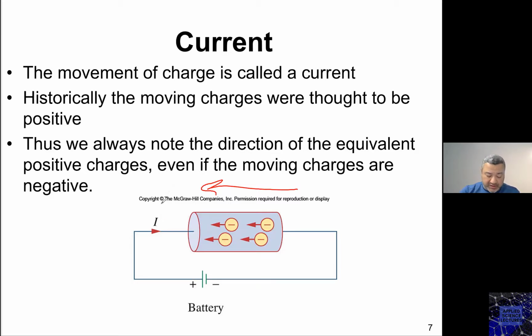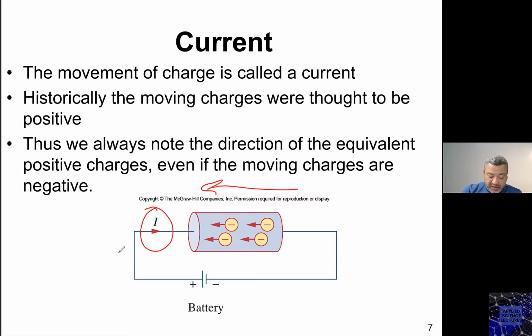That's why our convention defines the positive direction of the current as the one that is opposite to the electron flow. If the electrons are flowing from right to left, then the positive direction of the current, based on this convention, is going from left to right.